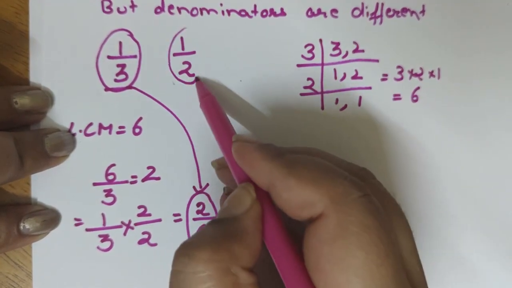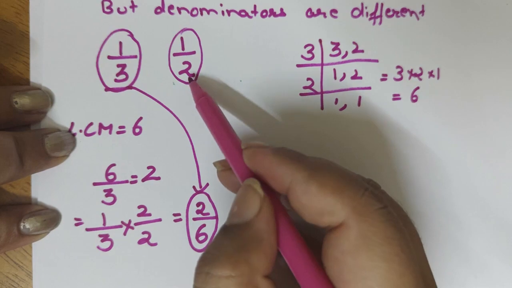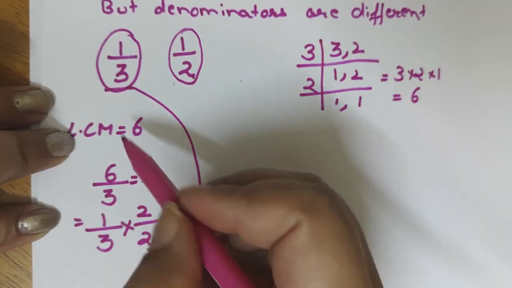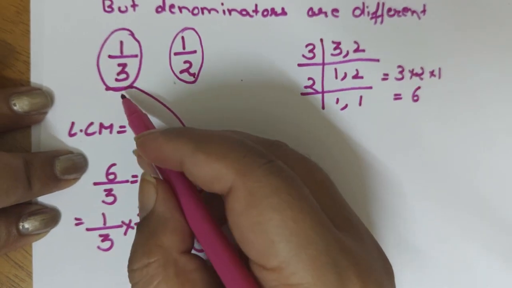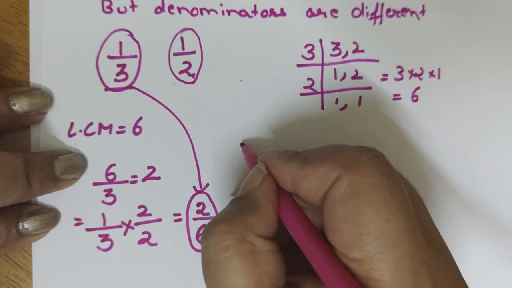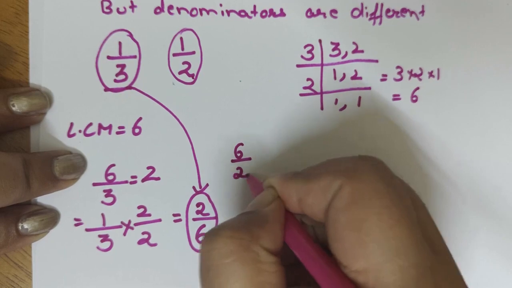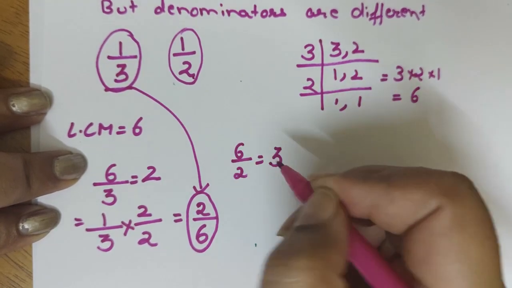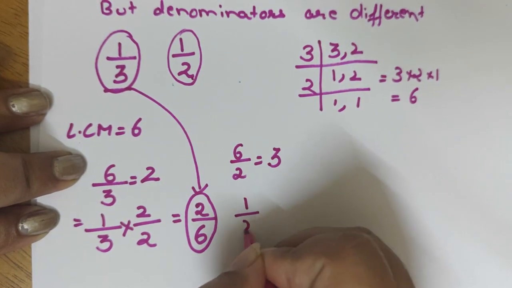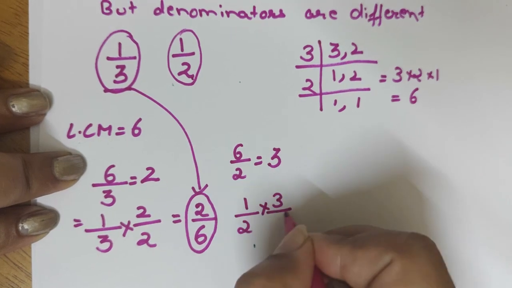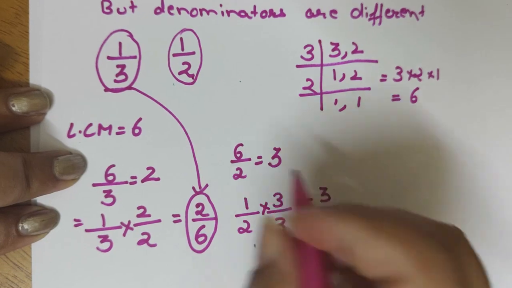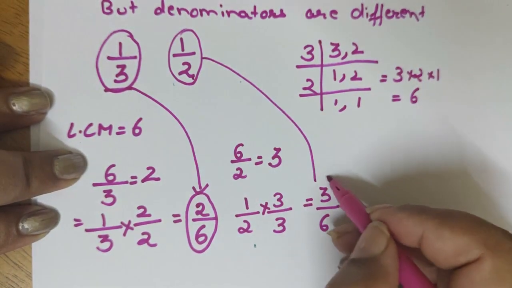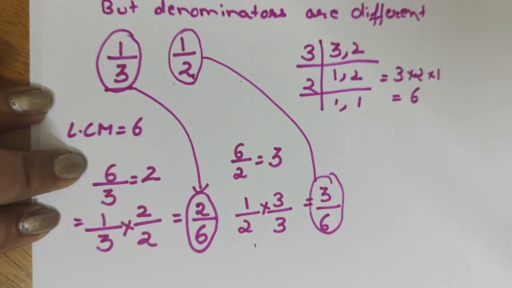Similarly, this 1 by 2 we have to convert to the denominator of 6. The same way we did for the first one, we will do for the second one. We divide the LCM by the denominator, so it will be 3. So 1 by 2 into 3 by 3 will be 3 by 6. Okay, so 1 by 2 becomes 3 by 6.